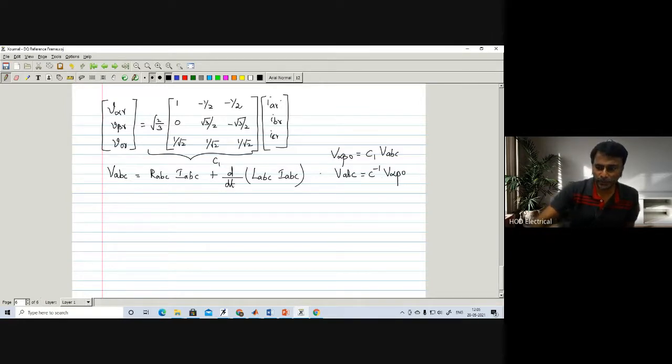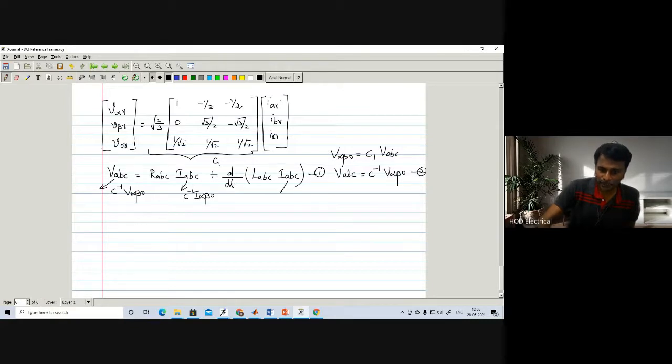Therefore, we can substitute this second equation in the first. Voltage variable also we have to change, current variable also we have to change. Accordingly, we can write the voltage variable as C inverse into V alpha beta naught, and the current variable IABC as C inverse into I alpha beta naught.